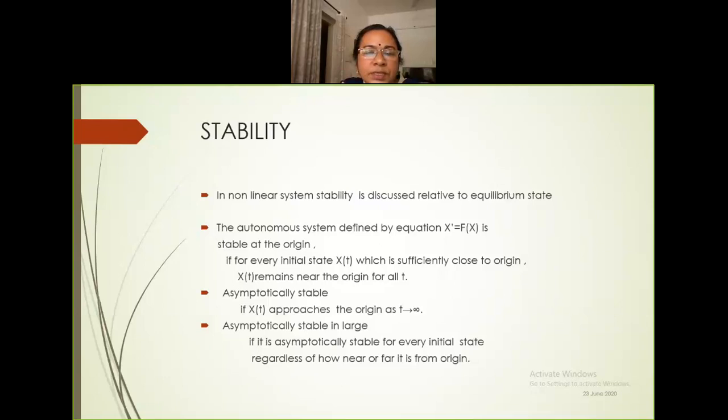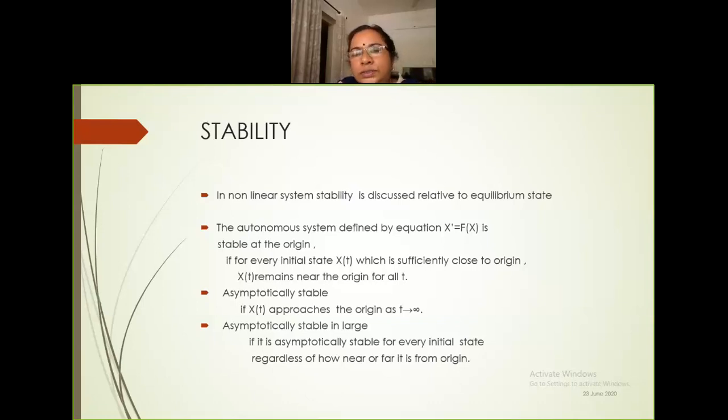There are three stability conditions defined here. It is stable at the origin if for every initial state which is sufficiently close to the origin, x of t remains near the origin for all t.